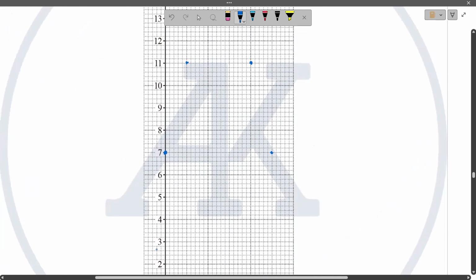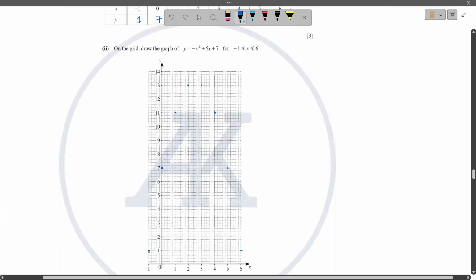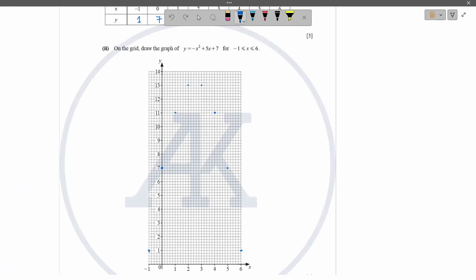And to draw it, you need to connect them without using a ruler.